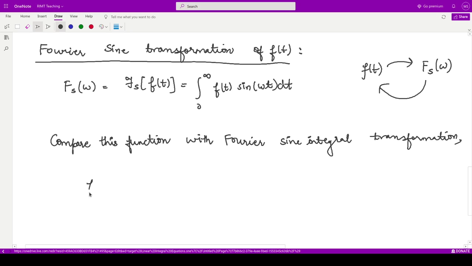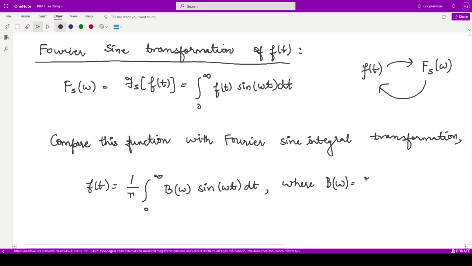The function f of t is defined like this: 1 by pi integration from 0 to infinity b of omega sine omega t dt, where the coefficient b omega is defined using this formula: 2 integration from 0 to infinity f of t sine omega t dt. So now we can compare this b omega and Fs omega.